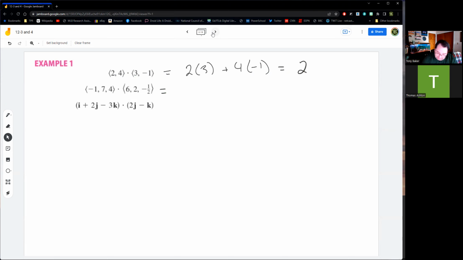The next one, we've got negative 1 times 6 plus 7 times 2 plus 4 times negative 1/2. So we got negative 6 plus 14 is 8. Minus 2 is 6.